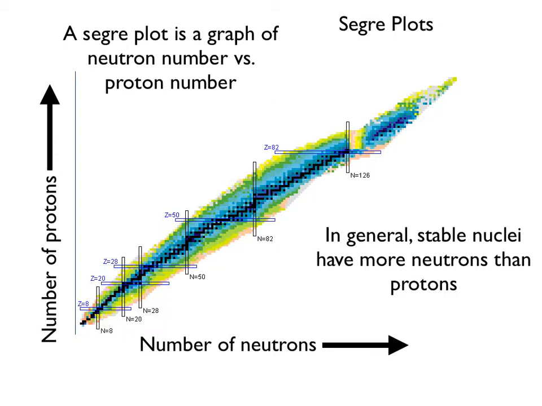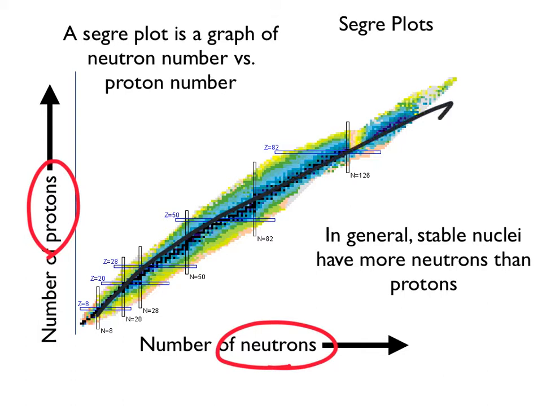A Segre plot, shown here in this diagram, is a graph with the number of protons on the y-axis and the number of neutrons on the x-axis. The black line in the graph is the stable nuclei. And notice that the black line curves slightly to the right, slightly below a 45-degree angle line would, and that indicates that large stable nuclei tend to have more neutrons.